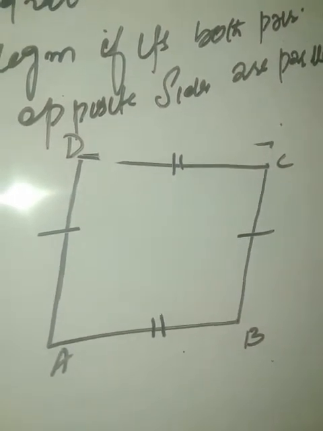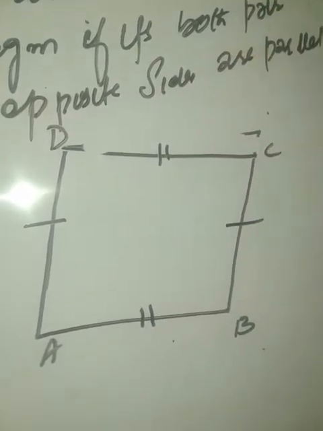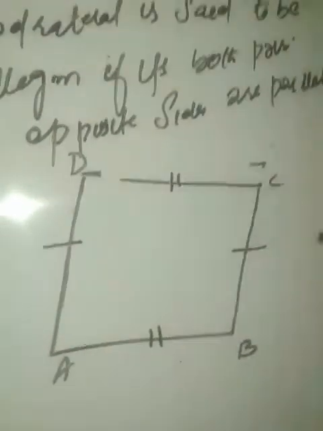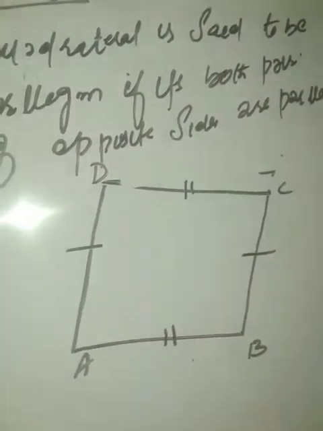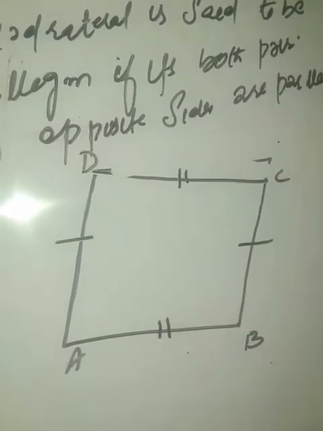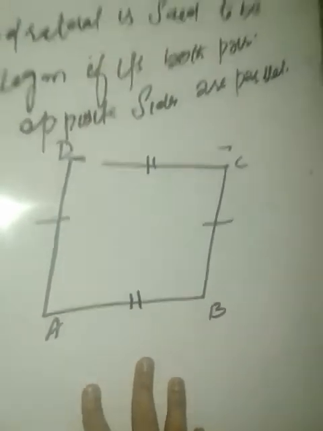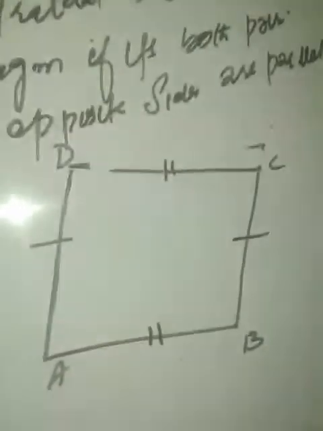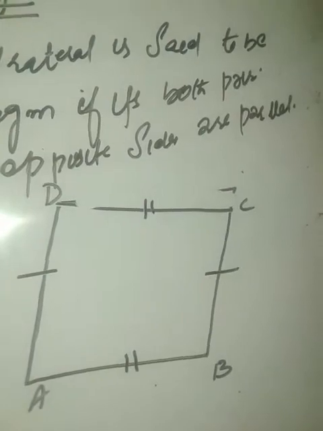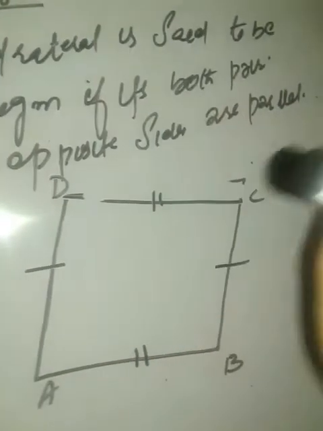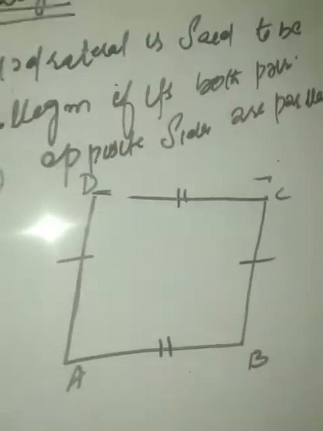As I told you, after reading some concepts we will define the parallelogram in another way. For now, remember that a quadrilateral is said to be a parallelogram if both pairs of opposite sides are parallel. This side is parallel to this side, and this is parallel to this. Hope you will get it.